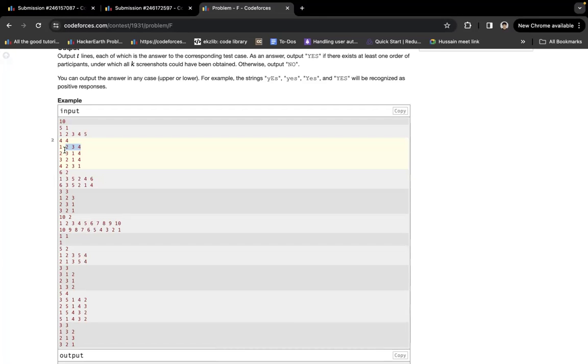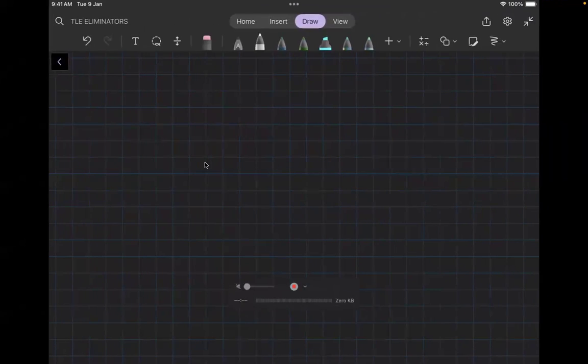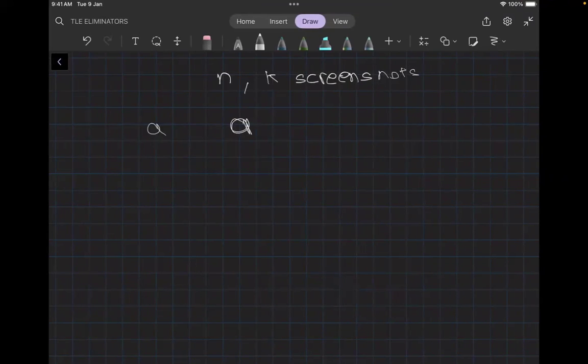Is the problem statement clear, guys? What does the problem statement say? There are n people and k screenshots. If a person A took the screenshot, then he will be in the front, and apart from that, the relative order will be whatever it was.